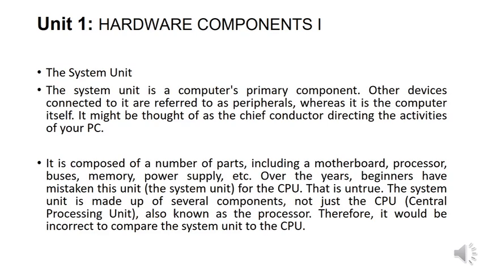So a simple definition for a system unit is the main enclosure or chassis of a computer that houses the essential components necessary for its operation. It is sometimes also referred to as the tower or case of a desktop computer. The system unit provides physical protection and organization for internal components and facilitates the connection of external devices.